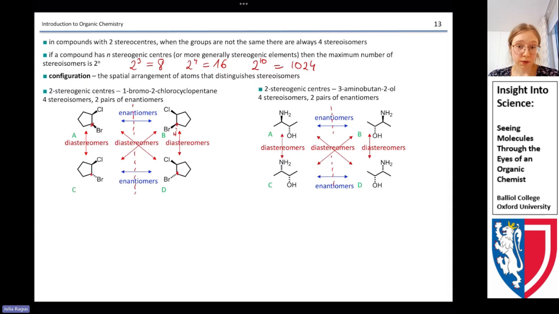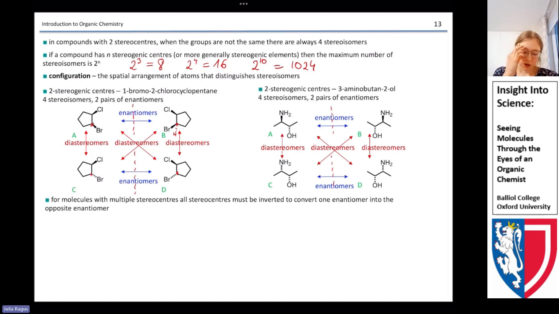So we end up with diastereomers all over the place. So you can see that for molecules with multiple stereocenters, all stereocenters must be inverted to convert one enantiomer into the opposite one.